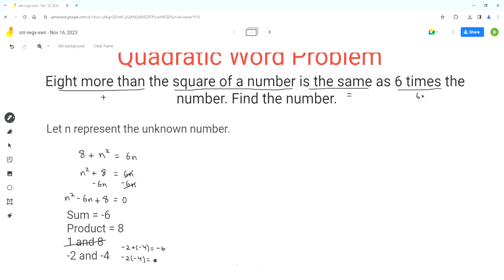So this pair of numbers works for us. The two numbers we are looking for are -2 and -4. We can use this pair of numbers to write our equation in factored form.